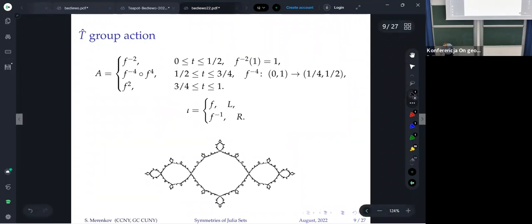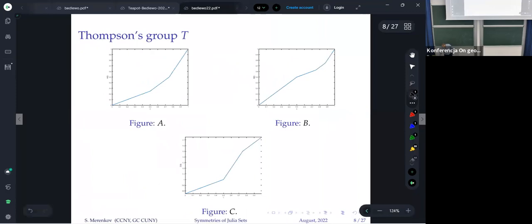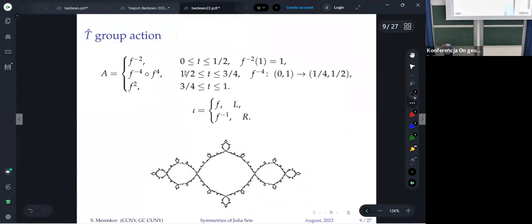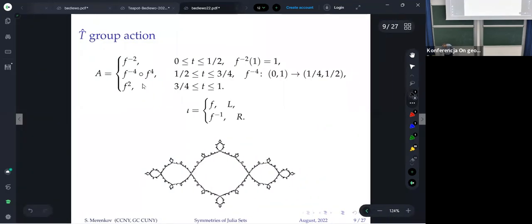And so A, the first generator on the previous slide. Here's the action of A on the Julia set. For t between 0 and 1/2, you first take f^-2. You're looking at this central component. T between 0 and 1/2 specifies this part here. You define the action of A on this part as f^-2. So it takes this part to this quarter part.